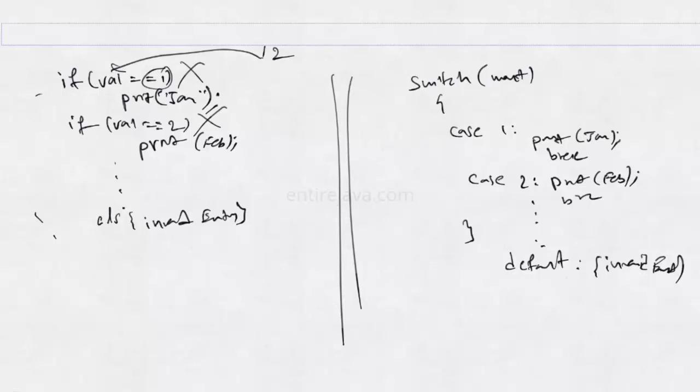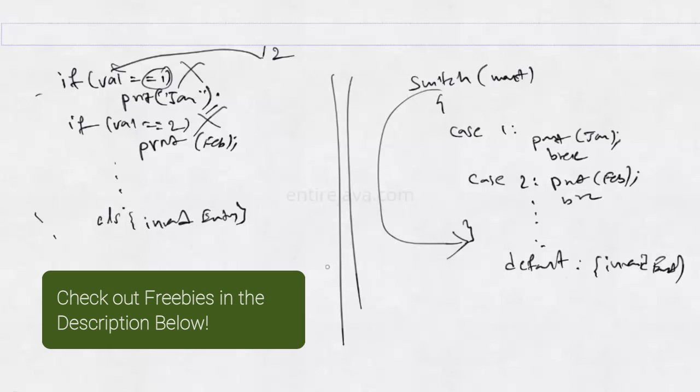So the control has to go through all the if conditions and check to see if any of those conditions is met. Now coming to switch, it's just going to directly jump onto the exact case which needs to be executed. So we're saving quite a lot of time here. So there is a performance benefit when using switch instead of if-else.